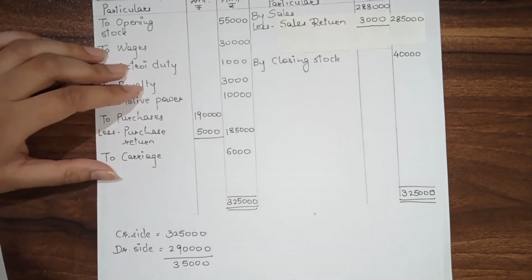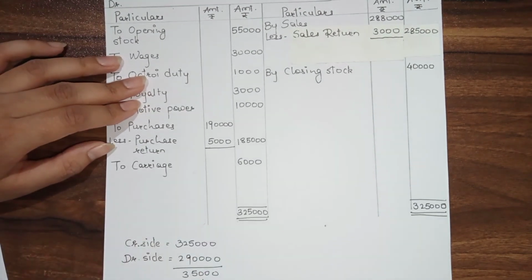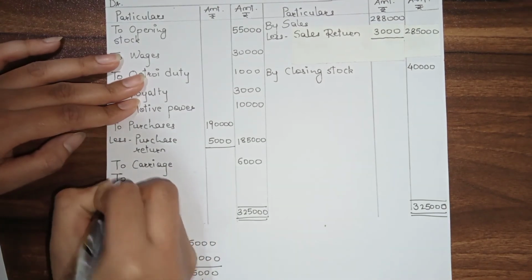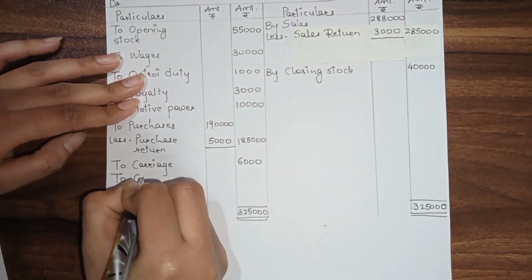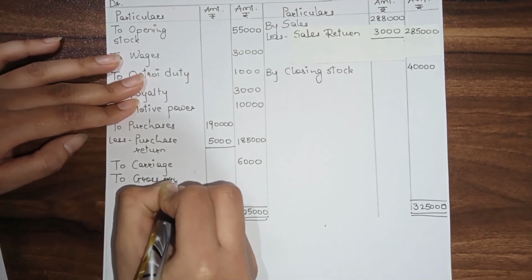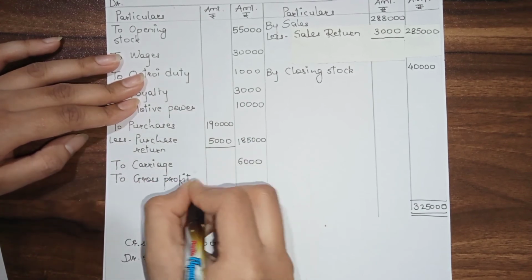But 35,000 is your gross profit, so I will write down gross profit carried down.